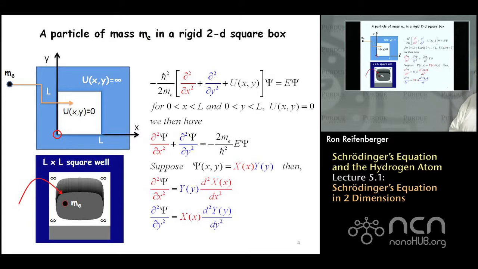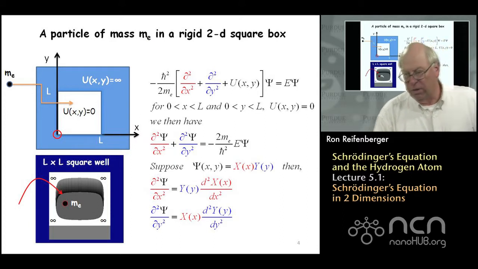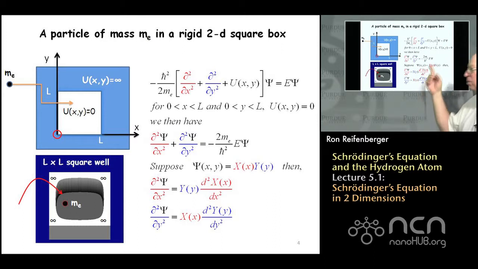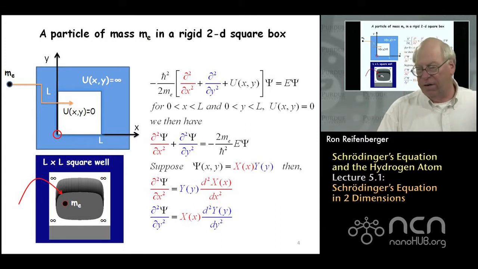The problem is greatly simplified if we set the interaction potential energy U equal to 0 when the particle's inside the box, and that allows us to simplify Schrödinger's equation in two dimensions into this rather simple form, which says that the second derivative of the wave function with respect to x plus the second derivative of the wave function with respect to y is equal to constants, fundamental constants related to the problem, times the energy eigenvalue E times the wave function psi back again. And now the trick is going to be to find out what that wave function is.